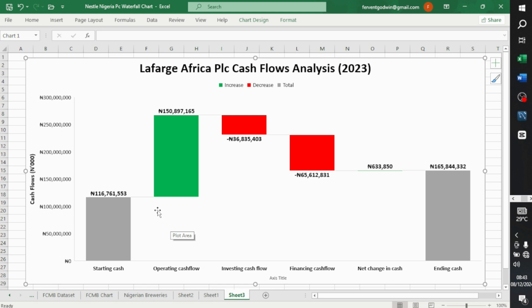If you're running a business, please take this cash flow seriously. It gives you creditworthiness. If your finances are properly handled, this is where your investors want to look, and it informs investors' interest in investing in your company.